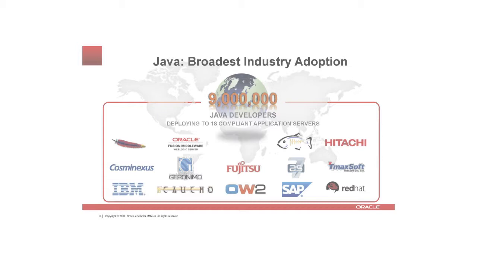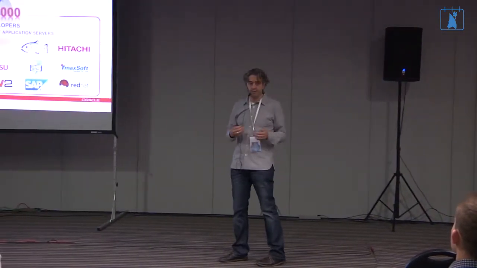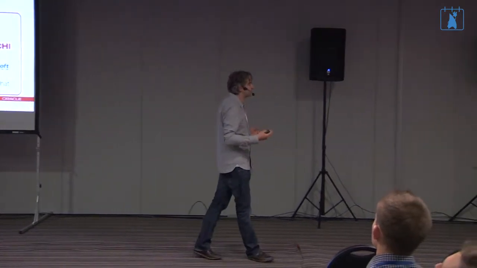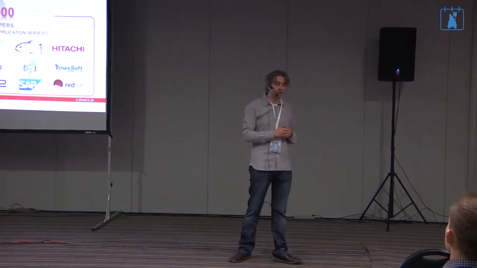So something is clear about Java: it's widely used today. We have some stats that say that there are roughly 9 million developers on the market developing in Java, either Java SE, Java EE, or Java ME, it doesn't really matter at the end of the day. 9 million developers, so it's a lot. If we talk about Java EE only, Java EE 6, we have 18 compliant Java EE 6 application servers on the market.